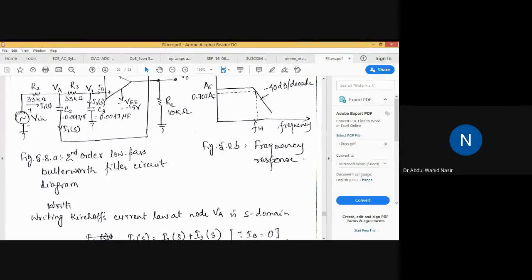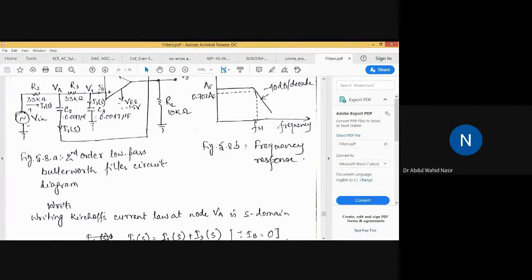I have not shown it here. So this current I1 should be equal to I2 plus I3 plus IB.